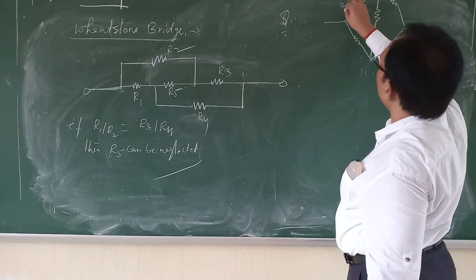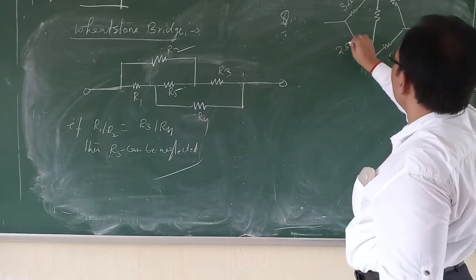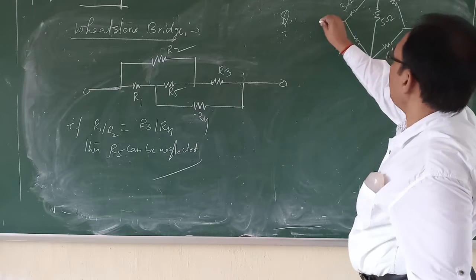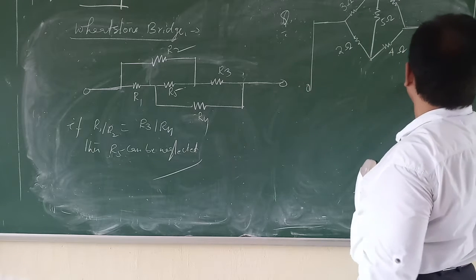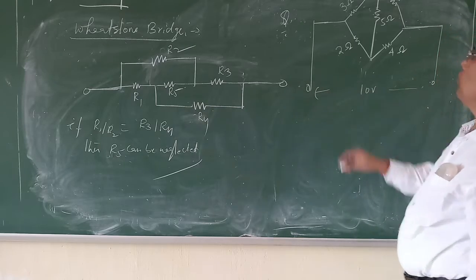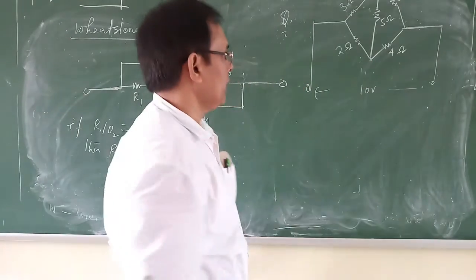This is 3 ohm and this is 6 ohm. This is 2 ohm and this is 4 ohm and this is 5 ohm. This circuit is given. It is connected to a 10 volt battery. Find the equivalent resistance of this circuit.